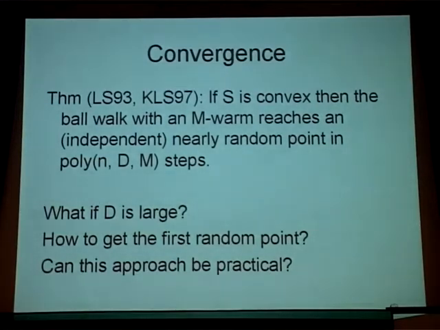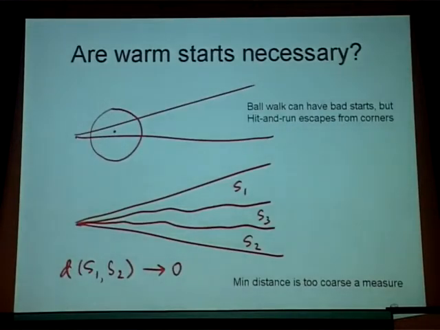But I do want to say a bit more about one of them, which is how do you get the first one? By means of this illustration here, the cone represents some corner of a convex body, and if you happen to start your walk somewhere deep in that cone, then the ball walk is stuck on the first step. Every step you take is trying to go out.